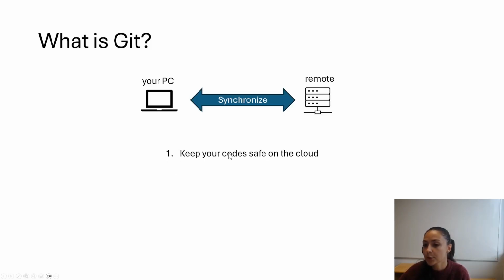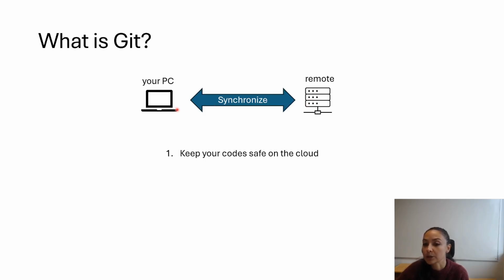Let's say first, keep your code safe on the cloud. At the moment, you have only written your code on your PC. You haven't saved it anywhere outside your PC. But if you want to be secure, if something happens to your PC, you want to have it somewhere on the cloud.